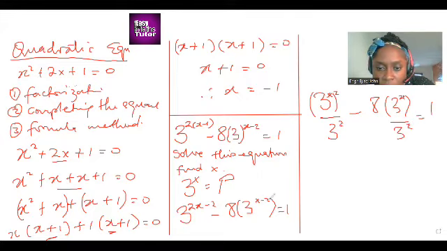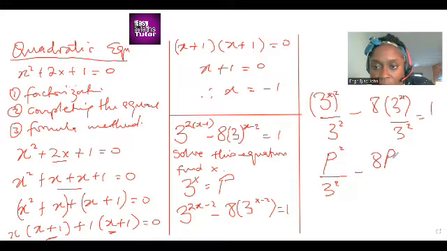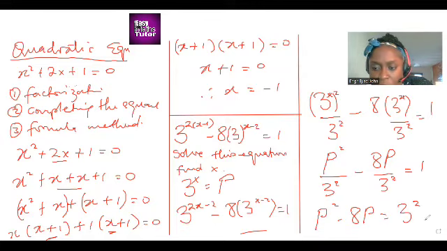Substituting 3 raised to power x as p, giving us p squared all over 3 raised to power 2 minus 8p all over 3 raised to power 2 equal to 1. If we multiply both sides by 3 raised to power 2, we get p squared minus 8p equal to 3 raised to power 2, which is the same thing as 9.